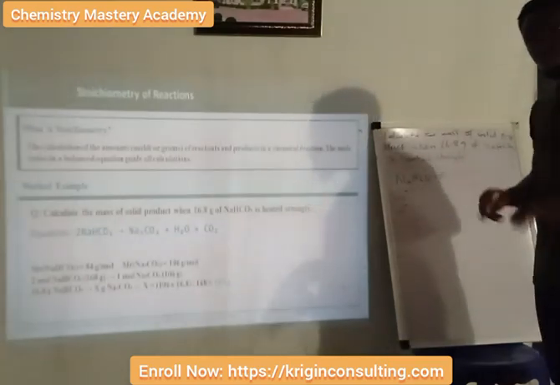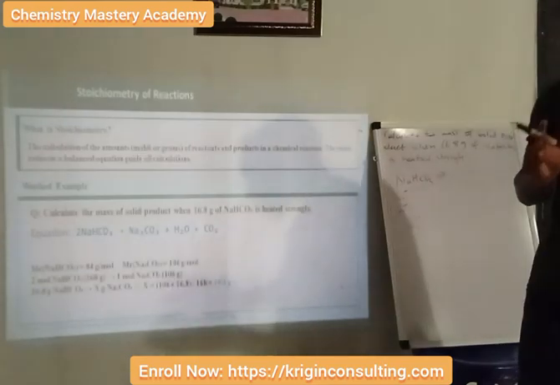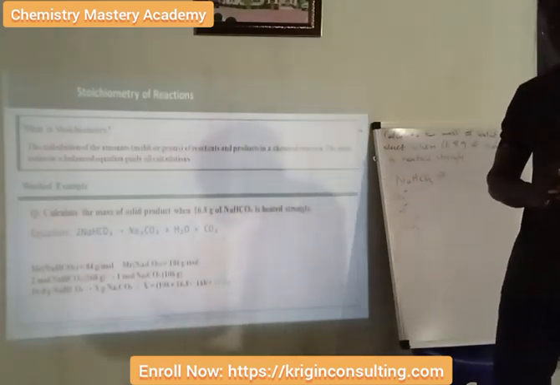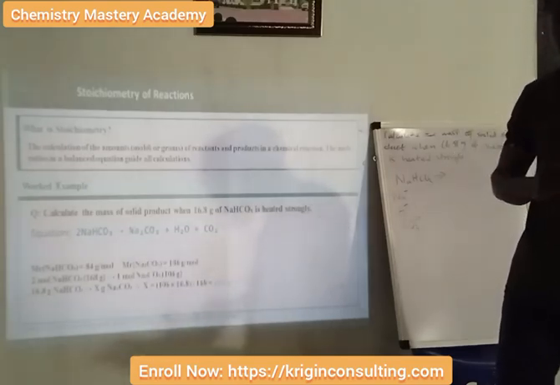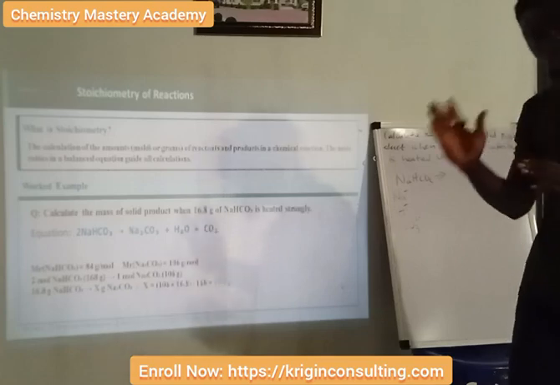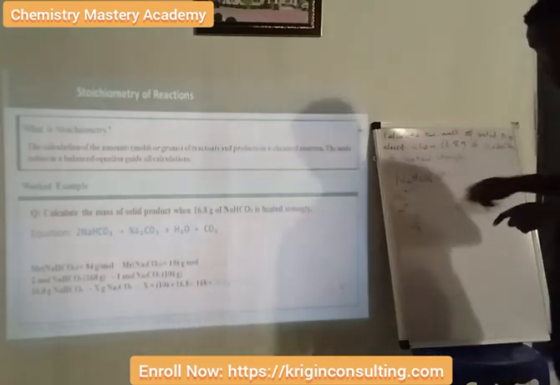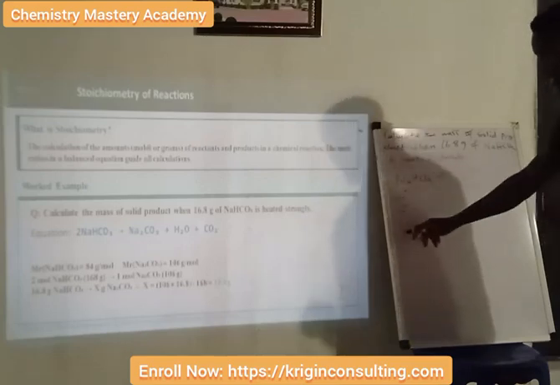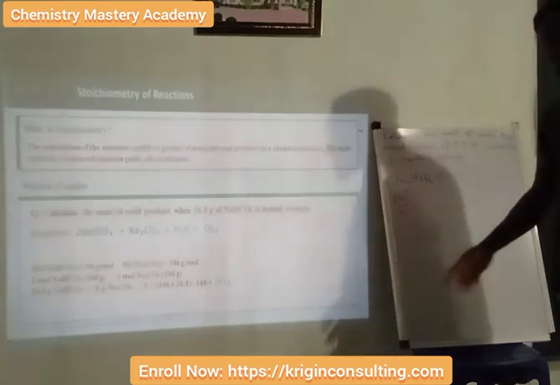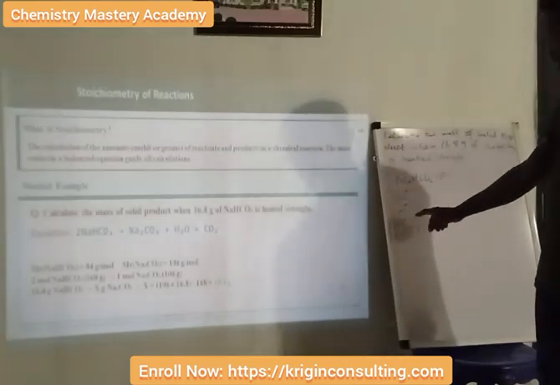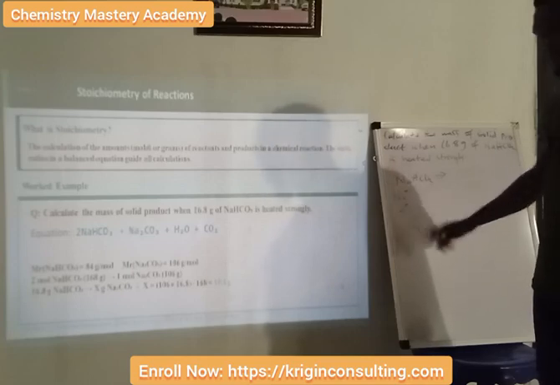Now, H plus. Hydrogen behaves in a certain way. Sometimes it's H plus, sometimes it's minus. When it's in a hydride, it's minus. But when it's in other forms, it's plus. So we now have H plus. Then CO3. This is an acid anhydride, and it is 2 minus.